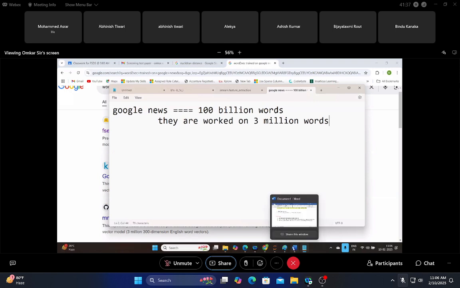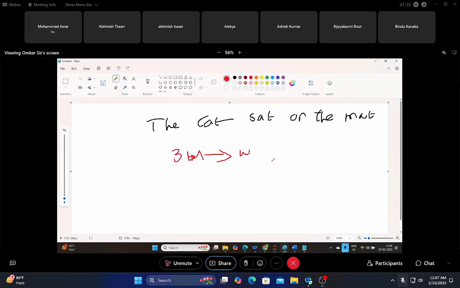Now this approach is like this. Suppose you want to see: the cat, blank, on the mat. Then you want to identify this sat.